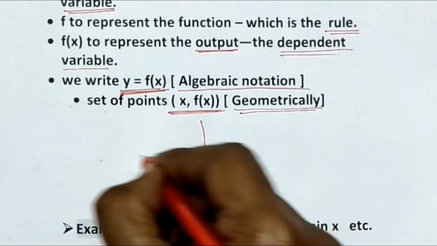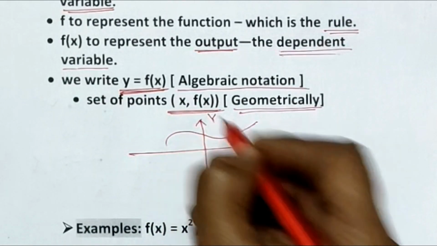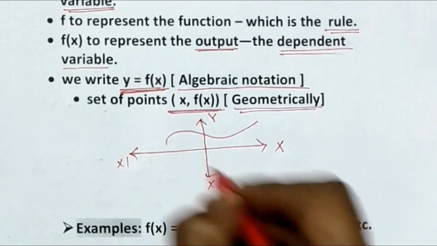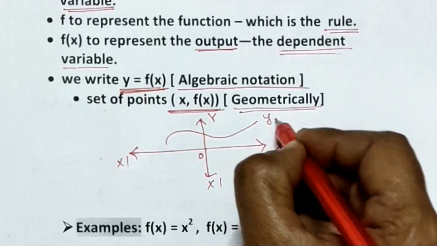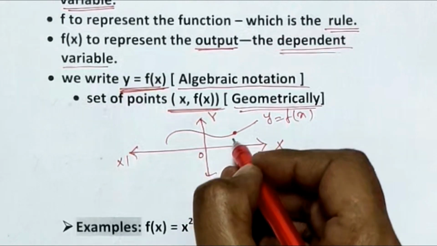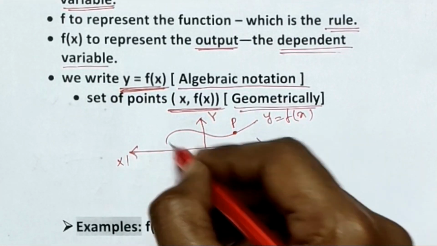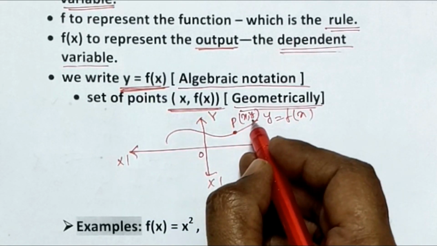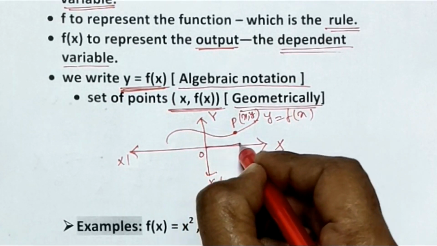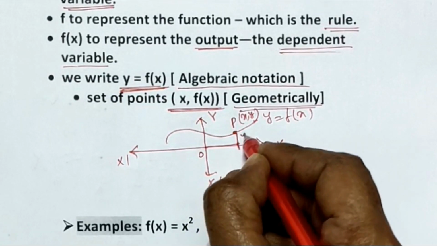Simply, if we draw a graph, suppose this is the y axis, this is the x axis, and this is our y equals f(x). Suppose this is any point P on the curve, say its coordinates are (x, y), then along the x axis we have to go x distance and along the y axis we have to go y distance.